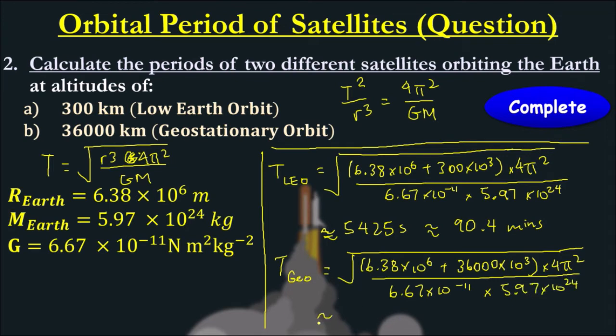And so we get a time of about 86,843 seconds, which equates to almost 24 hours, or just above 24 hours. So one is 90 minutes for one rotation, or one orbit around our planet. The other takes about 24 hours to do that one rotation.